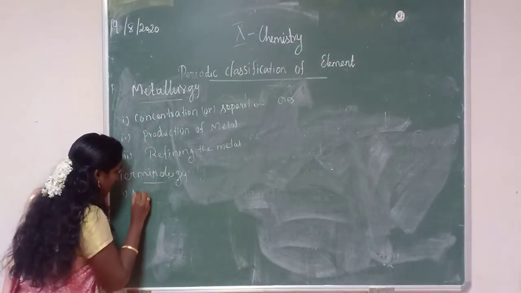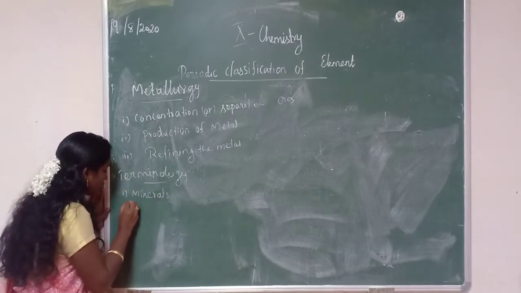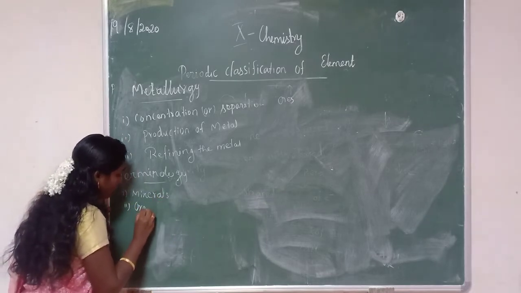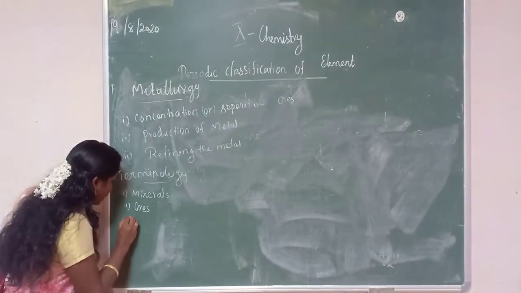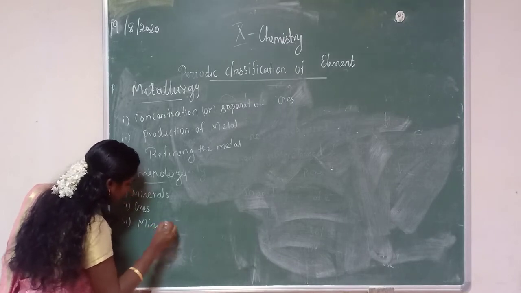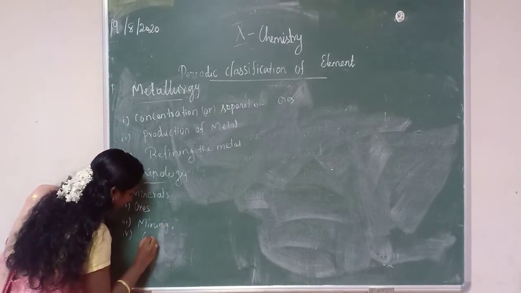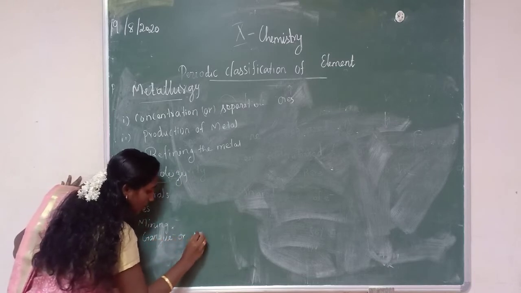First one, mineral. Then second one, ore. Then third one, mining. Then fourth one, gangue or matrix.